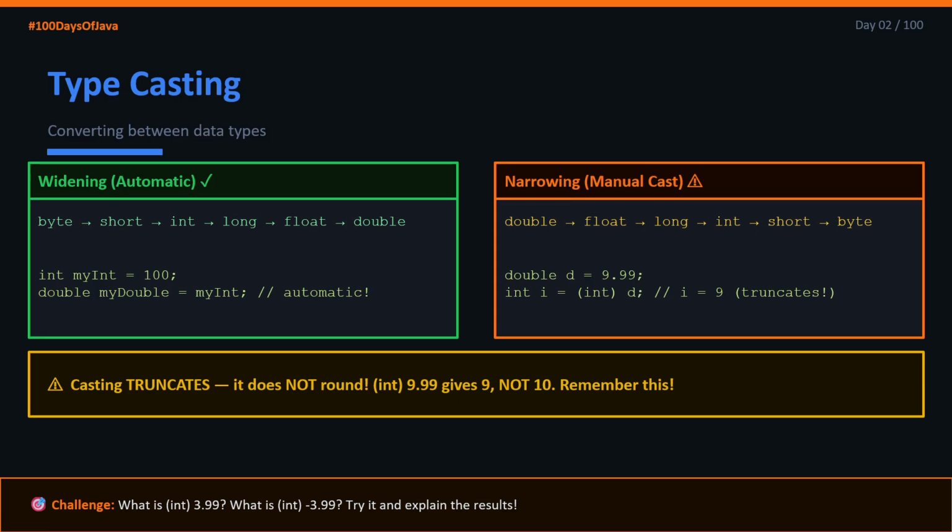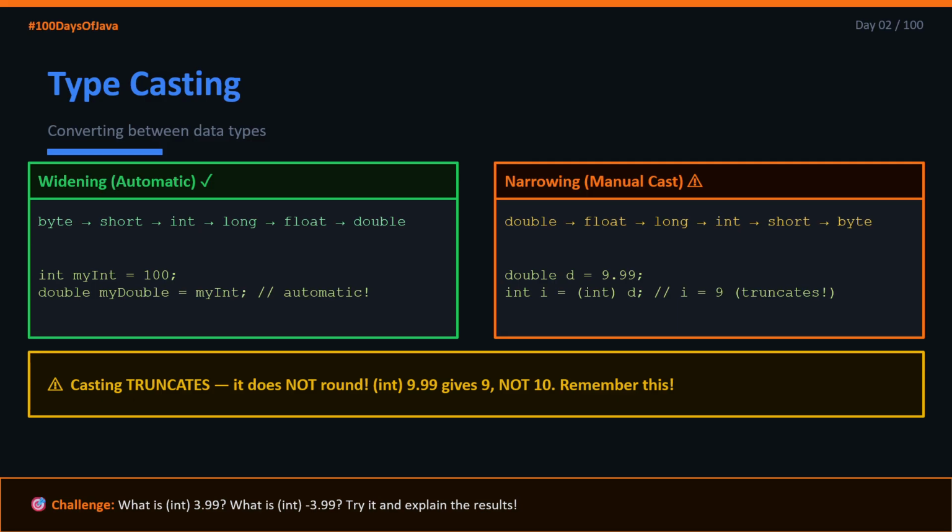And the next is typecasting. Sometimes we need to convert one type to another. This is called typecasting. There are two different kinds, widening and narrowing. Widening is going from a smaller to a bigger type. Java does this automatically.